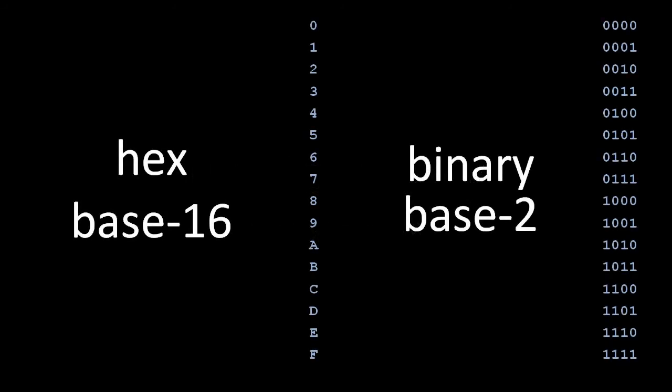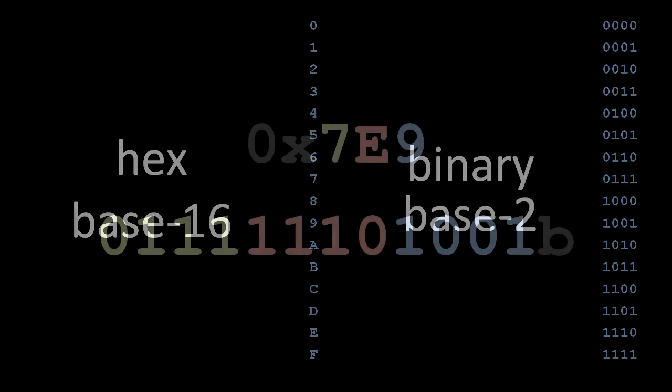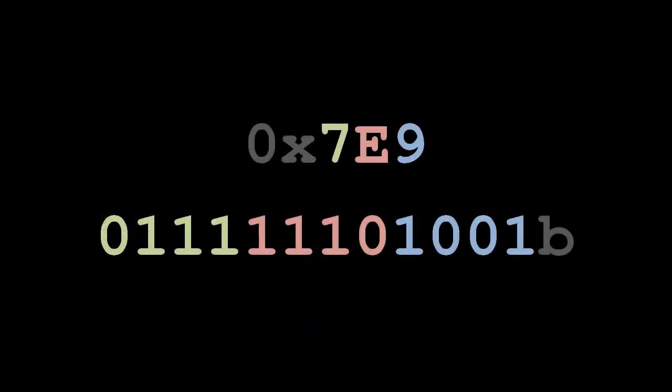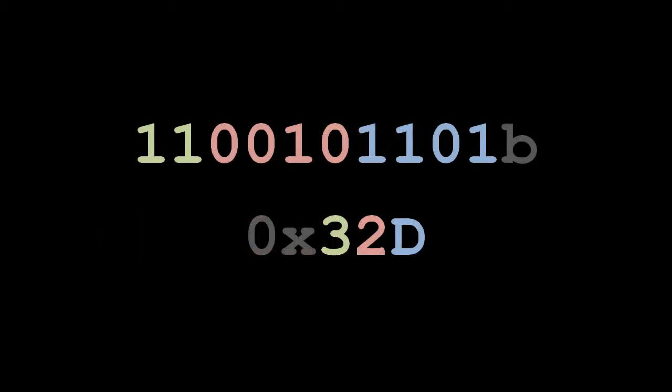So if I simply memorize the binary equivalents of each hex digit, I can immediately see that hex 7E9 corresponds to binary 11111101001. And I can just as immediately see that binary 1100101101 corresponds to hex 32D.